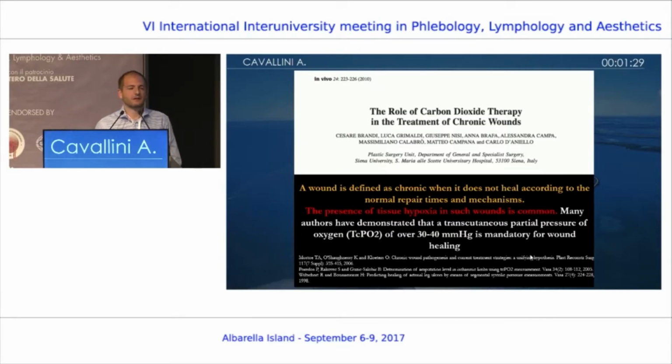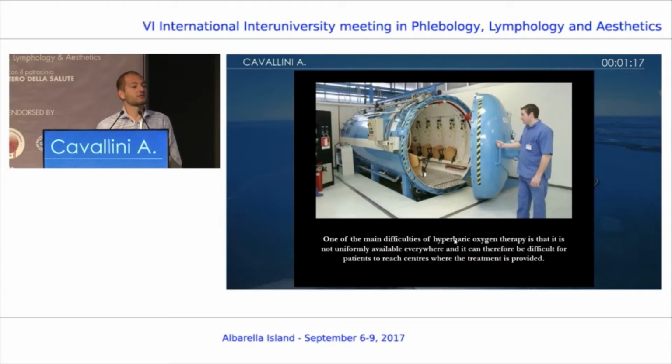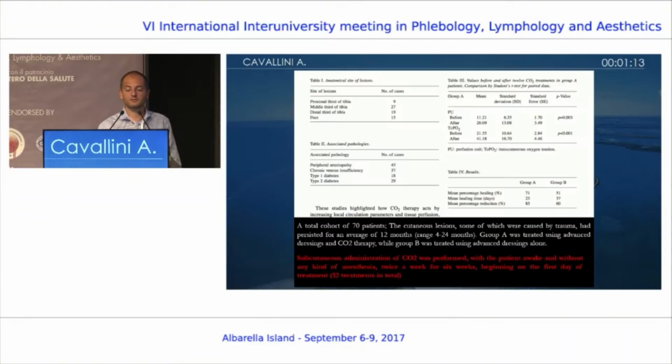But also for ulcers, this technique is important because in ulcerations, of course, you've got a loss of tissue due to an ischemic process, and if you don't reach 30, 40 millimeters of mercury, you can't cure, you can't treat the ulcer. In this case, we've got this laboratory, which is very comfortable for the patient.